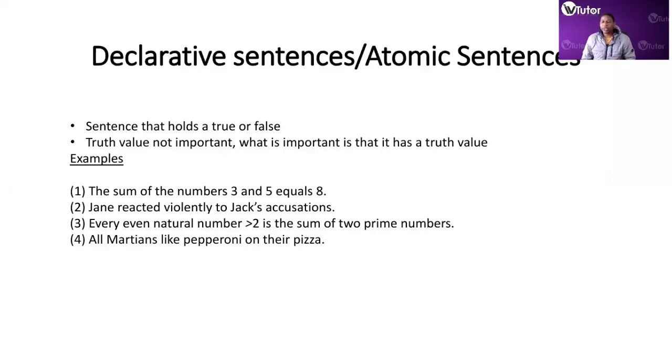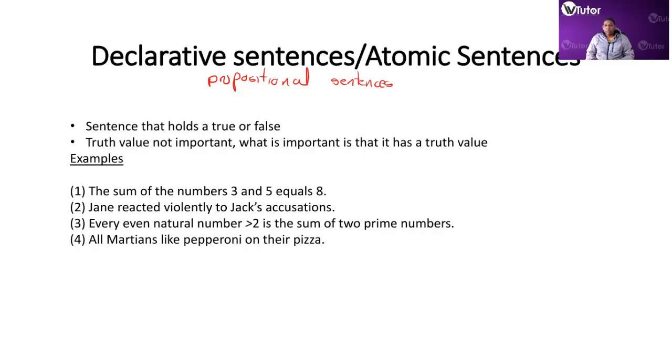Right, so in propositional logic, we have what we call declarative sentences or atomic sentences. We can also call them propositional sentences. So what are these? Declarative sentences or atomic sentences are statements that can hold either a true or false value.